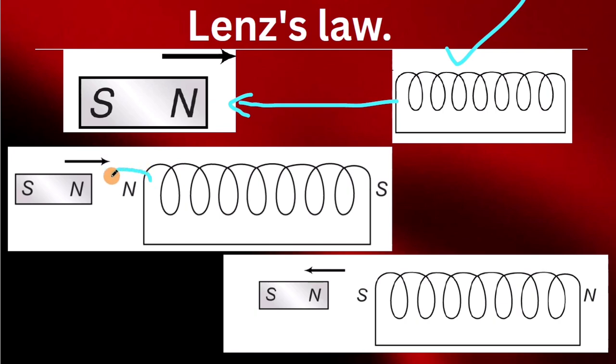It will create the same pole. Why the same pole? It will oppose the change of magnetic flux. So it is the same pole. Now when this bar magnet is moving away from this solenoid, it will make a south pole here. It is very interesting. So the solenoid diagram explains Lenz's law very clearly.